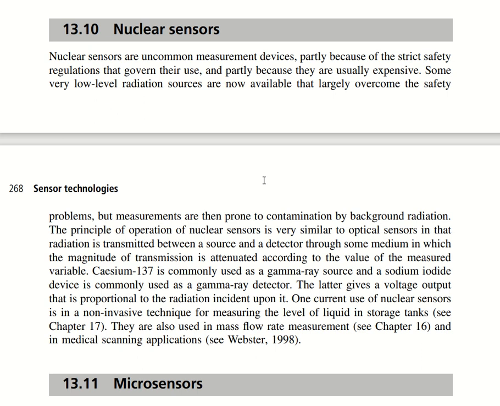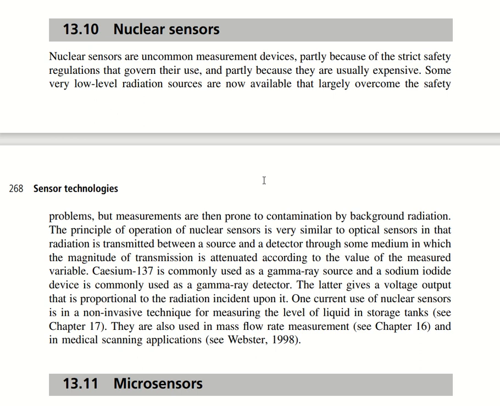So they are uncommon measurement devices partly because of the strict safety regulations that government uses, and partly because they are usually very expensive. Some very low level radiation sources are now available that largely overcome the safety problems, but measurements are prone to contamination by background radiation.